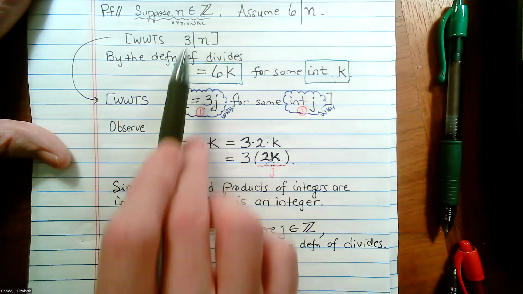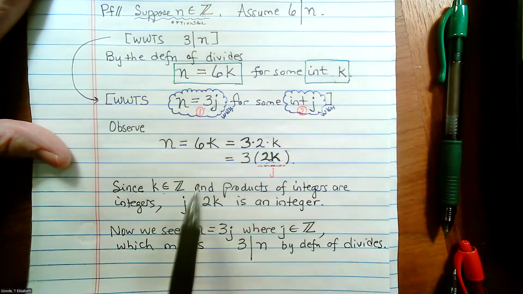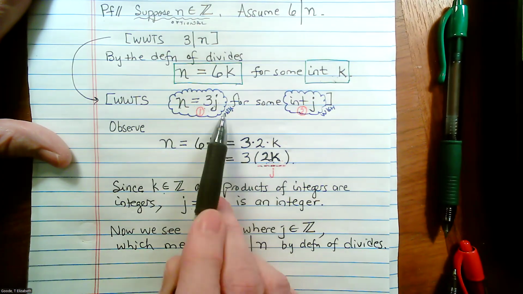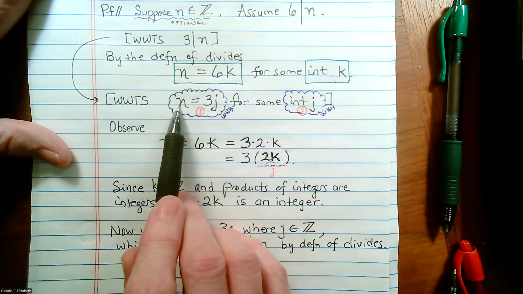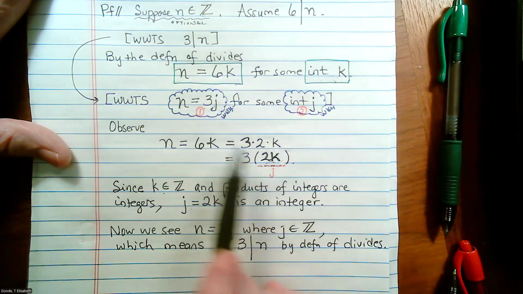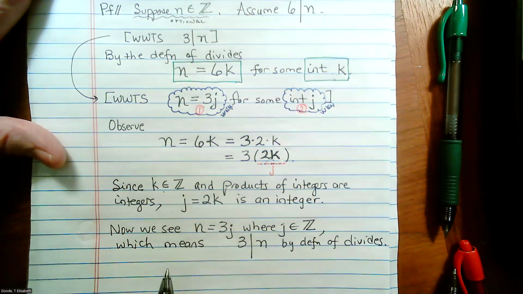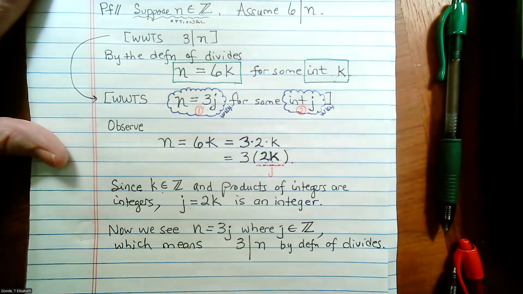We're trying to show 3 divides n, but to get there we needed to show that n equals 3 times something that we could say was an integer. These sorts of notations can really help point you in the right direction when you're feeling lost.